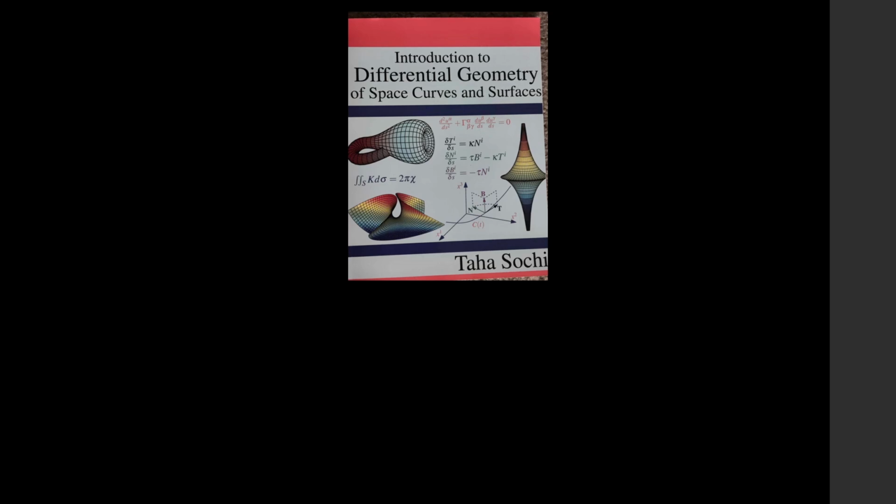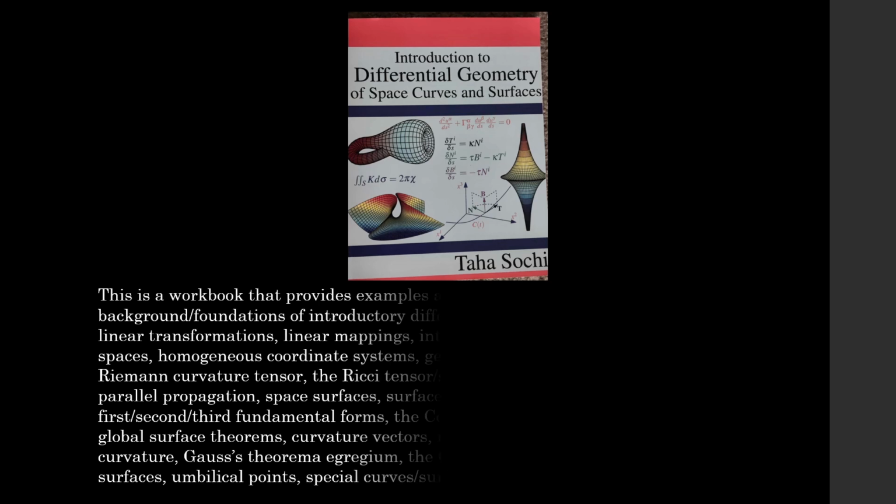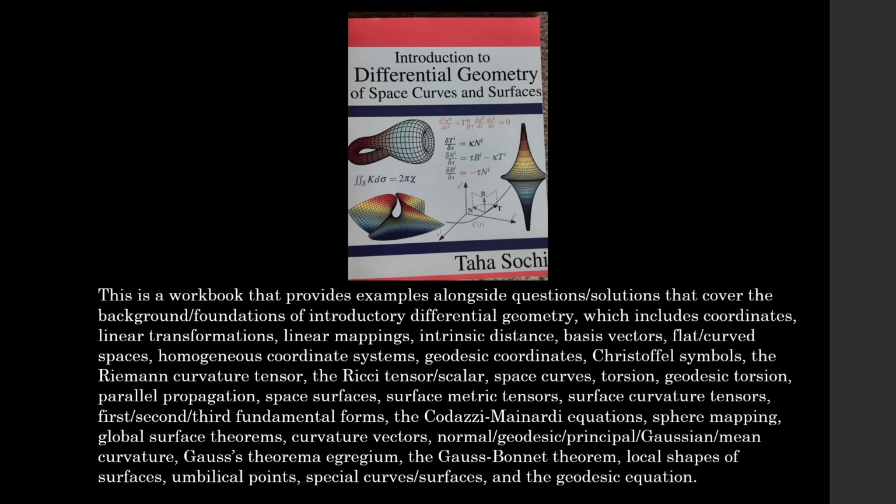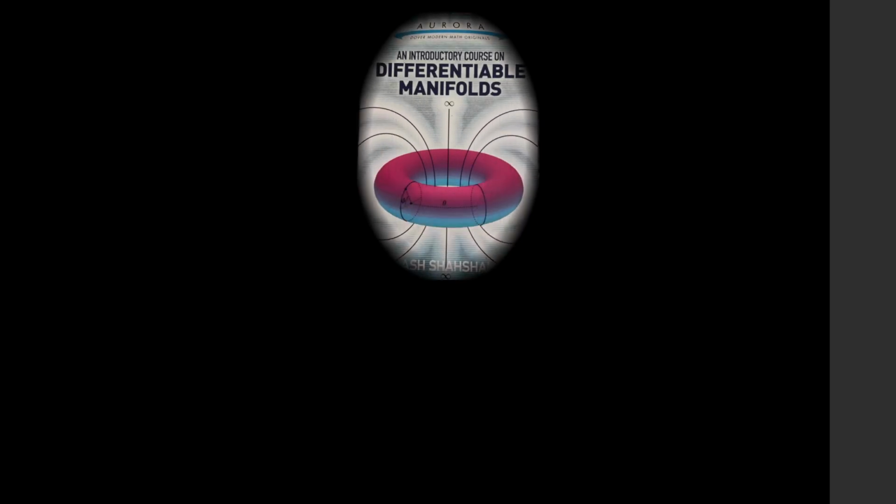Struik's book on introductory differential geometry of space curves and surfaces is a good way to get an overview of the different concepts in differential geometry. But if you want to look further into differential geometry, I recommend this book here.